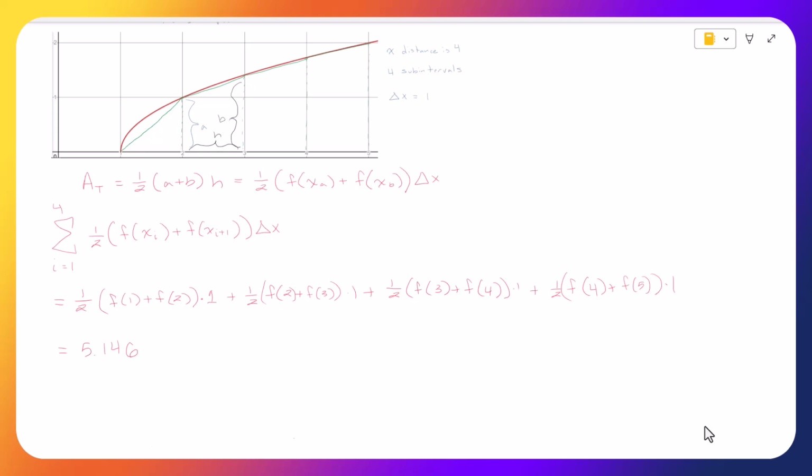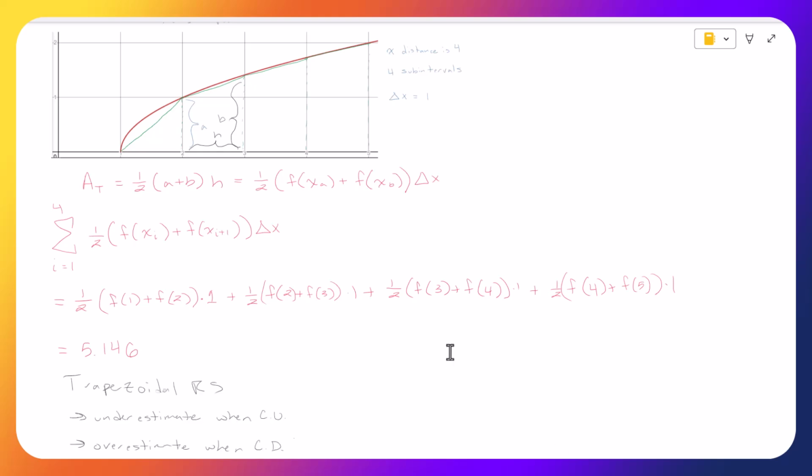I already said this, but I'm going to say it again. When we're doing our error analysis, our trapezoidal Riemann sum is the same as our midpoint. So it should be an underestimate when concave up and an overestimate when concave down.